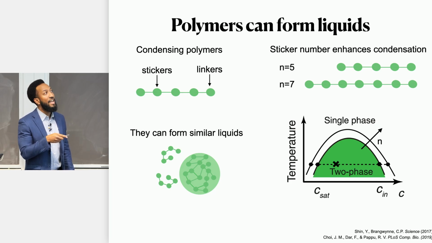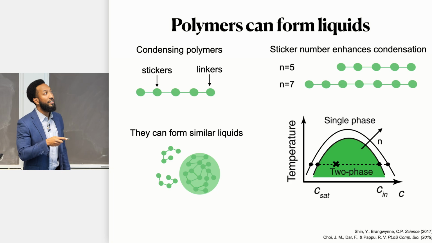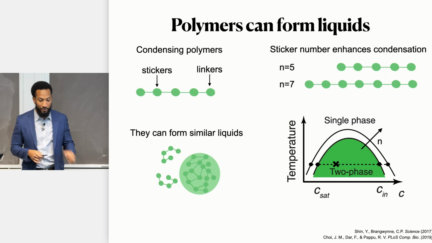As you increase the number of stickers, this will generally increase the area of the two-phase region. So if I had 5, I might be in the green. If I had 7, it would enlarge it, generally making the liquid more dense and the dilute phase more dilute. That's a general principle of polymers.